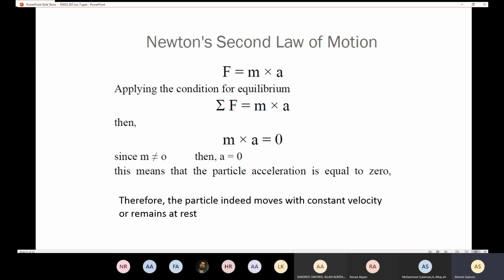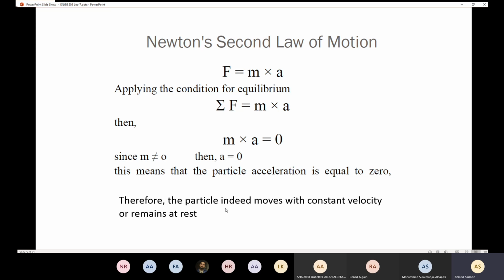From the first law, if the summation of the forces equals 0, which means that the particle is at rest, that means either the mass is 0 or the acceleration is 0. And we know that the mass cannot be 0. That leads us to say that the acceleration is 0, and therefore the particle either moves with constant velocity or remains at rest.